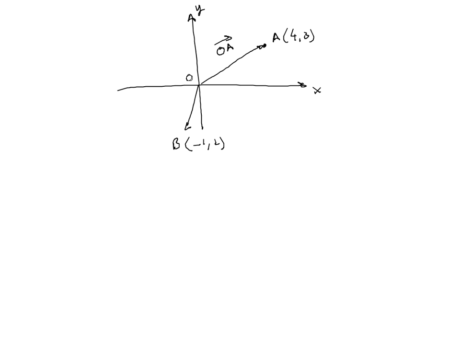Similarly, if we want to call the vector that starts at O and ends at B, again our little direction vector, we're going to call this OB. And similarly, if you want to express the vector that goes from B to A, we start at B and we end at A. Therefore, we're going to call this BA.